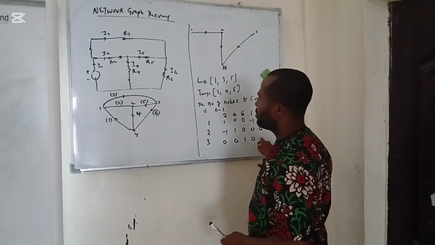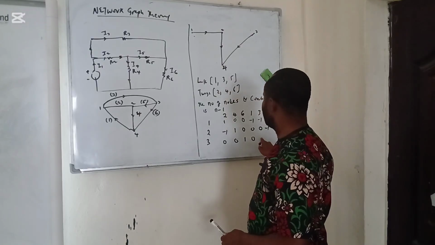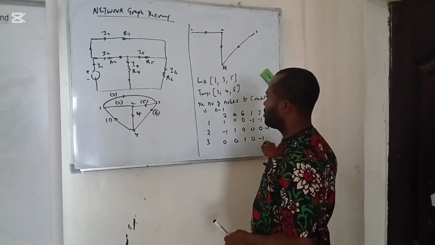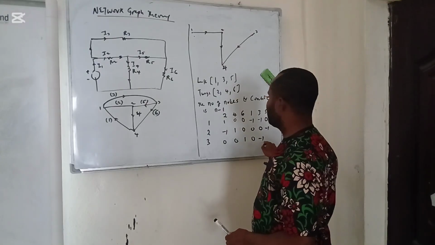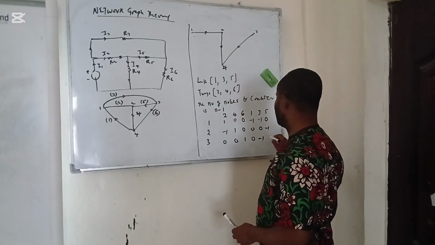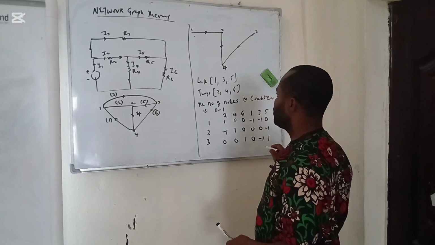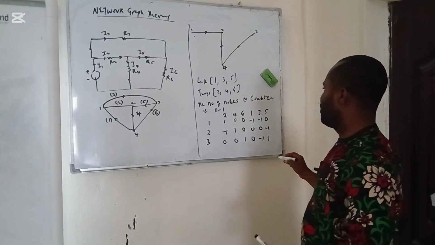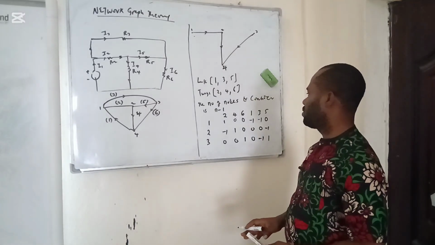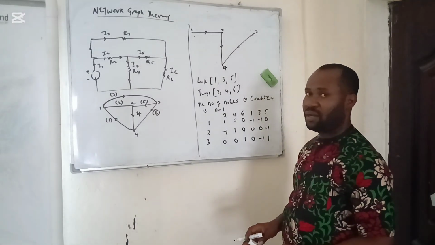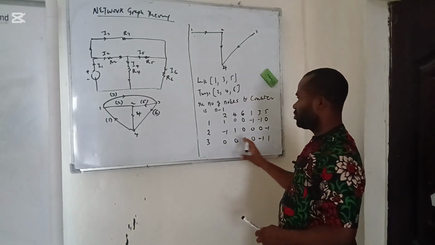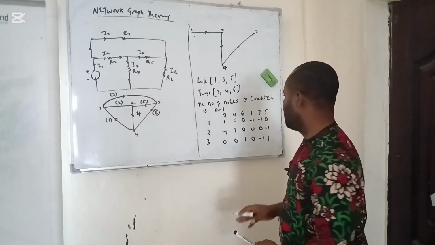We have 3, and 5 to 3 is moving away, so it's 1. So we finally have a matrix that we can use to generate the number of trees that is possible from a given graph.